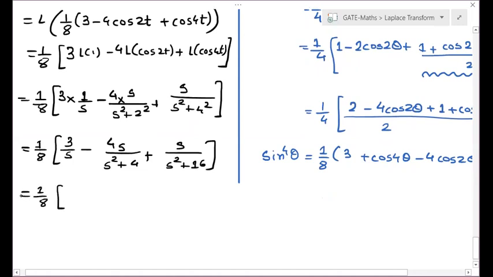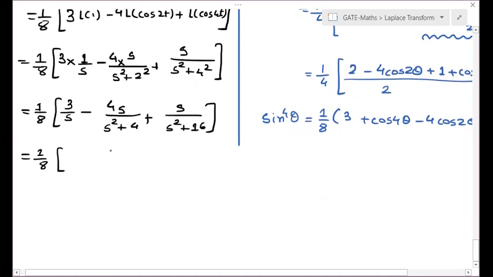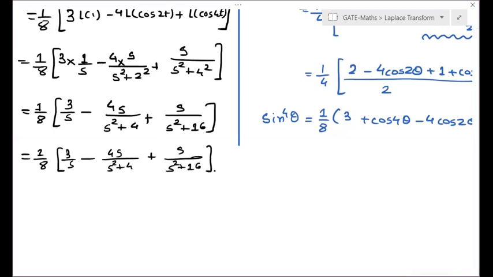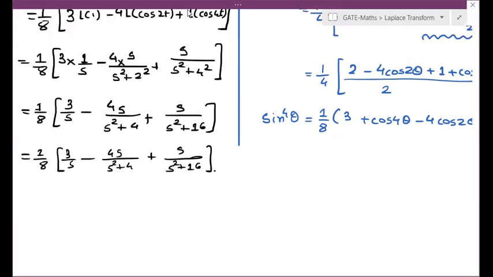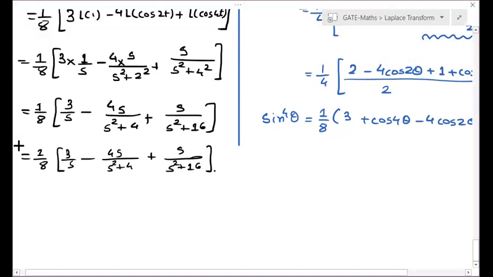So it is 1 by 8. Right, now depending on the options, you can simplify it further. You can stop till here also, 3 by s minus 4s by s square plus 4 plus s by s square plus 16, or in the next step you can take LCM as well. So for GATE students, you can move forward according to the options. For GTU students, you can move forward according to the marks.